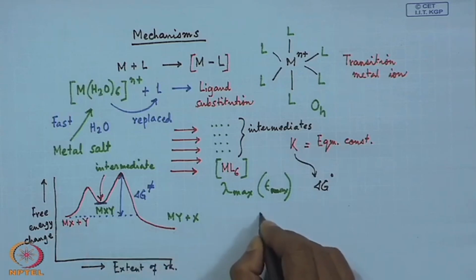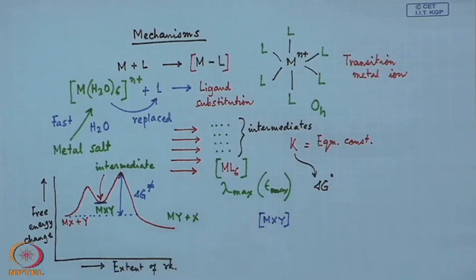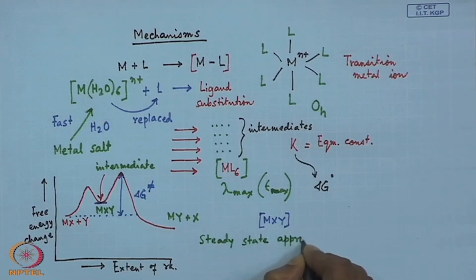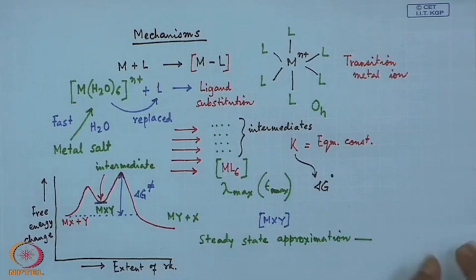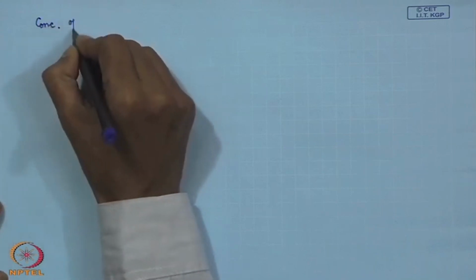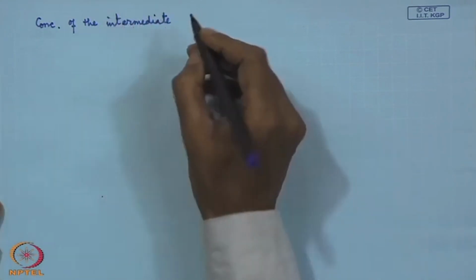So, we can have the concentration of the intermediate. How do we get that? We have the corresponding concentration of MXY, so we can have a steady state approximation, where we consider the corresponding concentration of the intermediate, which is assumed to be small.